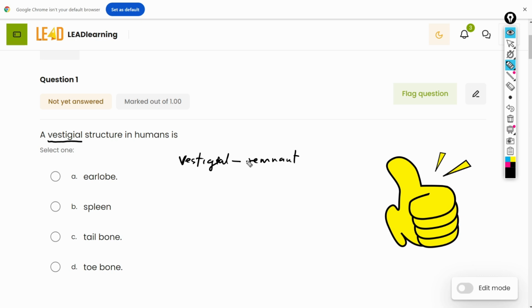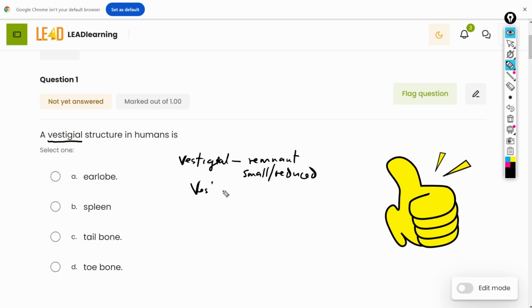The term vestigial can also refer to organs that were used in the ancestors of a particular organism but are currently not used in the organism. They are usually small or reduced.